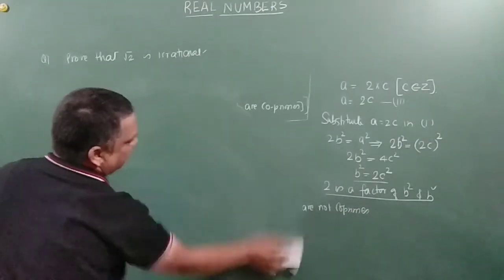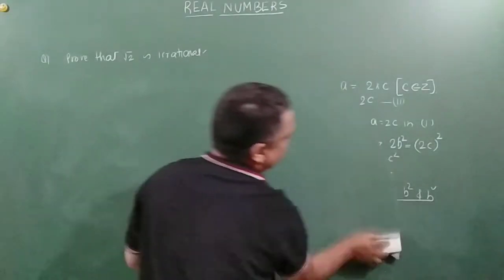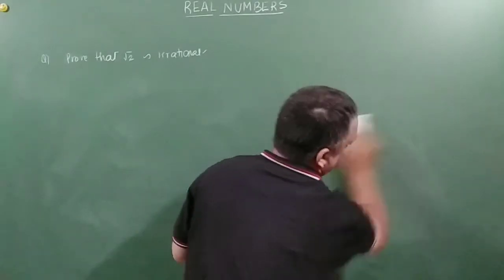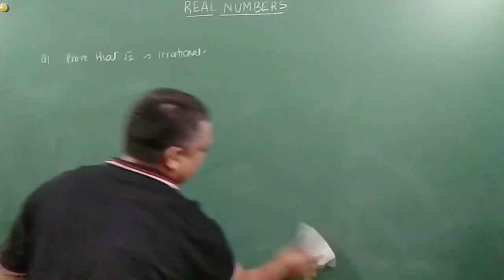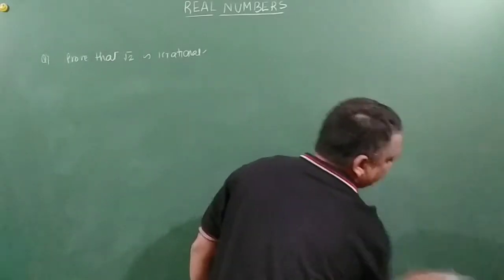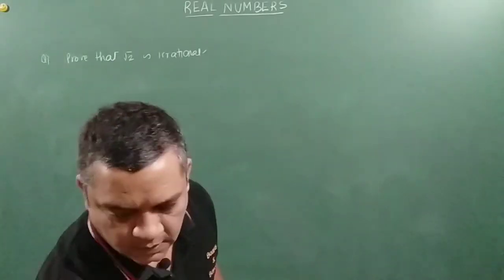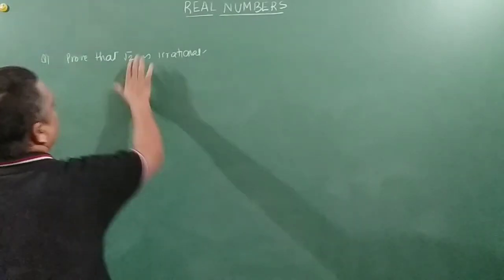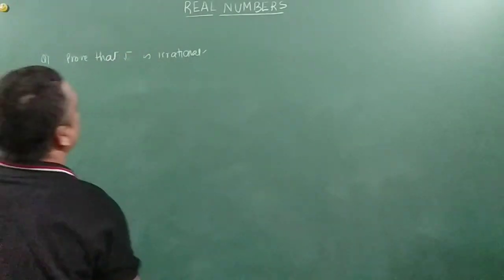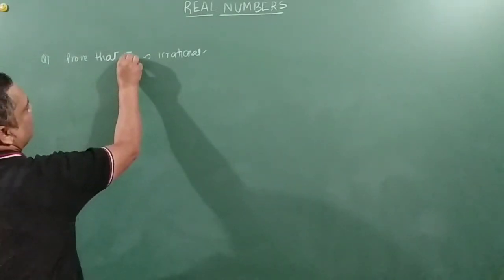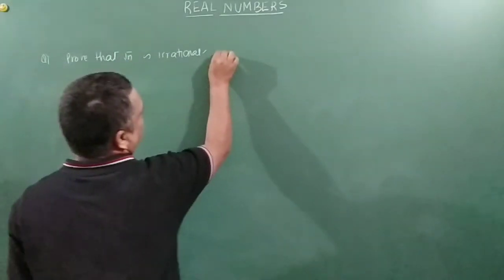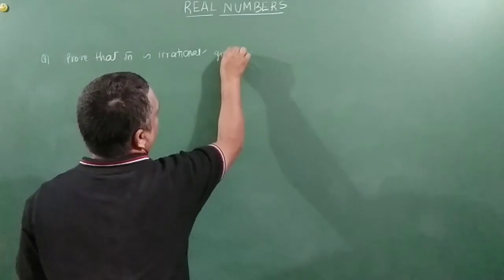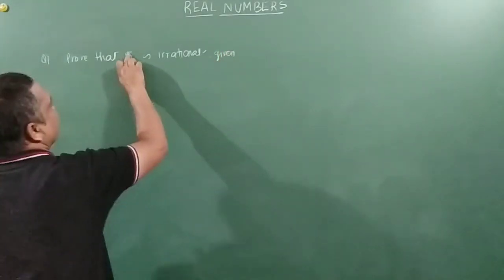I hope you have understood the concept here, friends. Now, let's take up one more problem. Let's take root m is irrational, given... n will create a confusion.